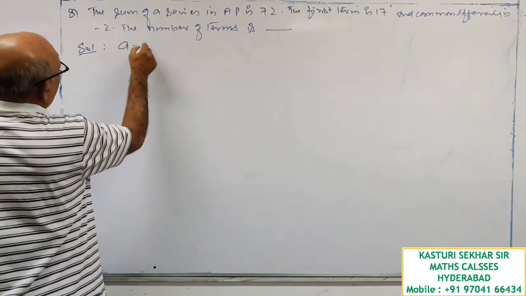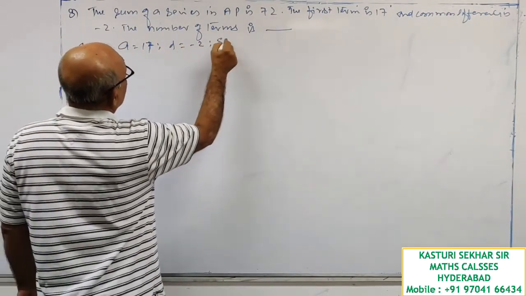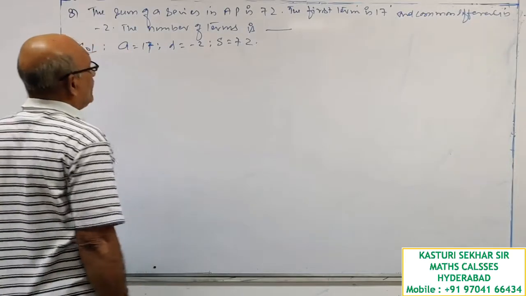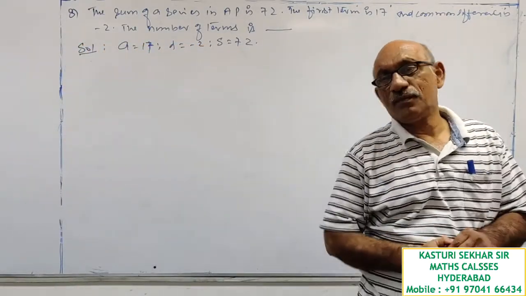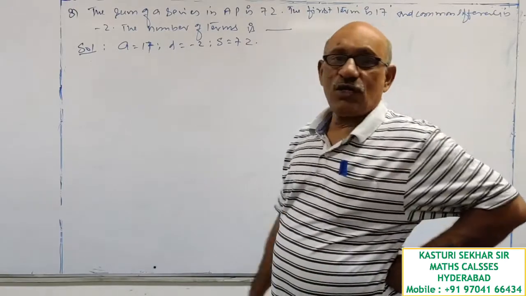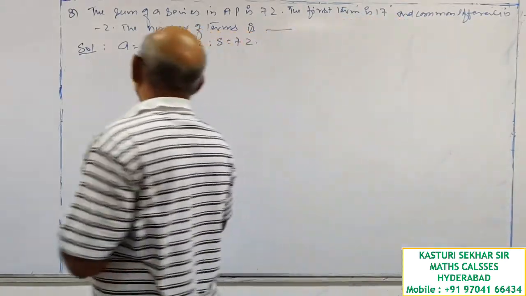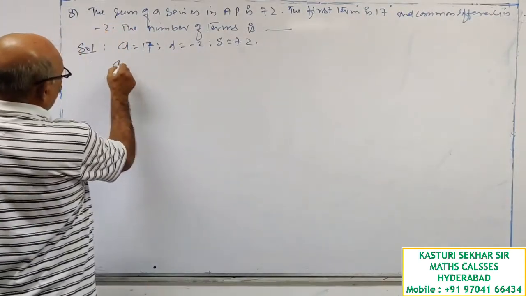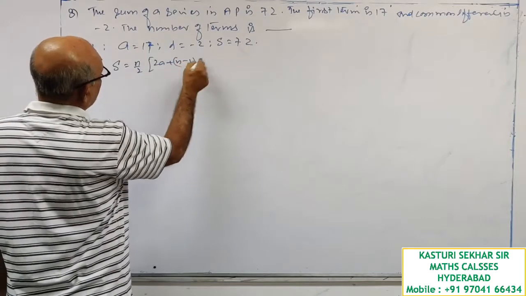What is given? A is equal to 17, D is equal to -2, S is 72. Now S is equal to n by 2 into 2a plus n minus 1 into d.